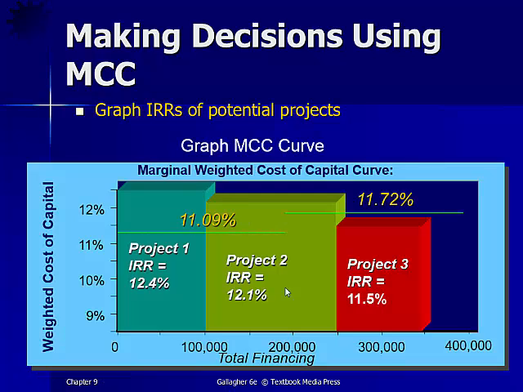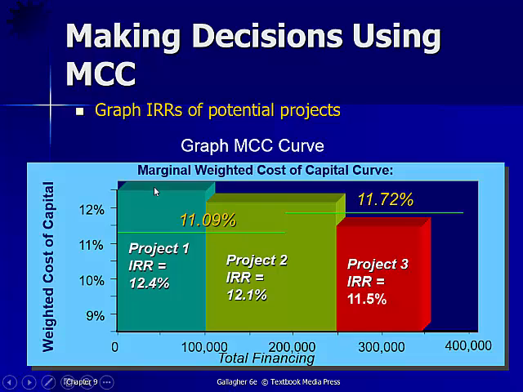And now we superimpose the marginal cost of capital schedule. What you can see is that if we accept the highest return projects first and the lowest return projects last, and if we use our lower cost funds first before we use our higher cost funds, Project 1 is being financed with funds costing us 11.09%, and 12.4% is clearly greater than the cost of the funds.